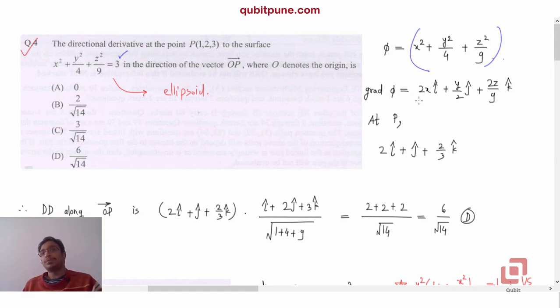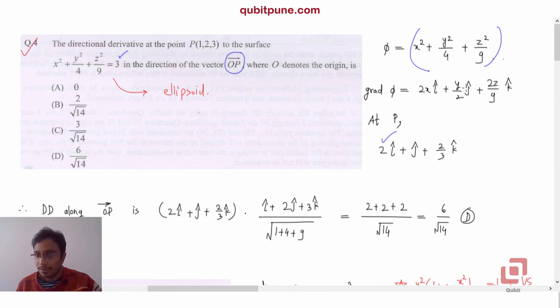But now we need to find its projection on that direction along which we need to find the directional derivative. Now at P, whose coordinates are 1, 2, 3, if I substitute those coordinates here, then it is 2 into 1, so 2 i cap plus y by 2 j cap.